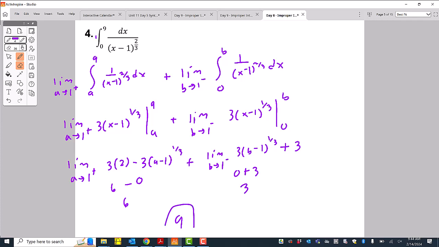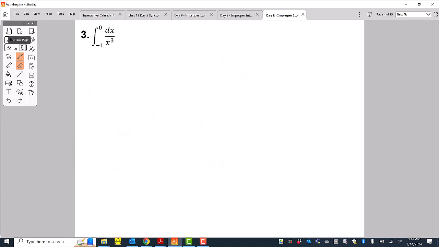Now let's look at one that is infinite. Let's look at this one right here. Integral from -1 to 0, 0 is the improper part, so limit as b approaches 0 from the left, integral from -1 to b of x to the -3 dx.